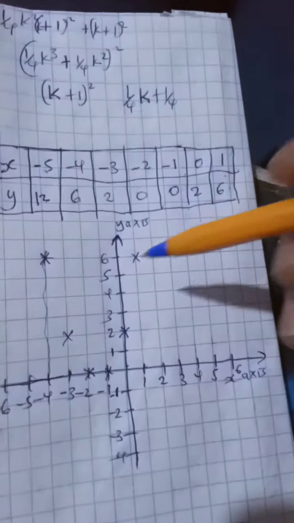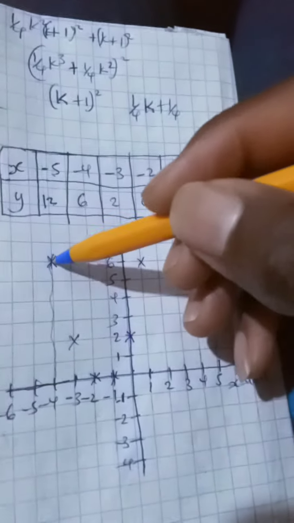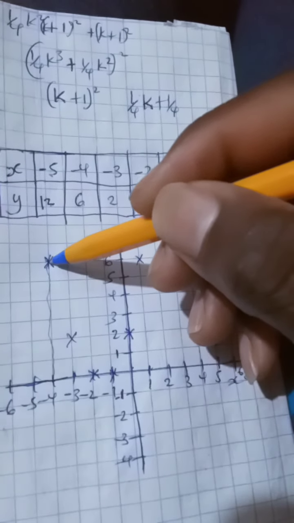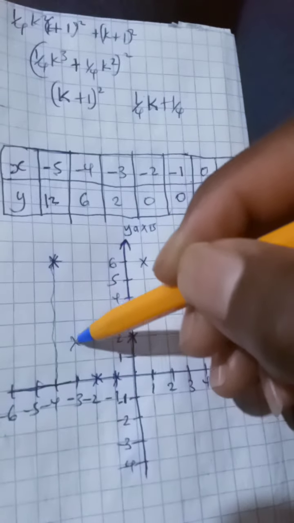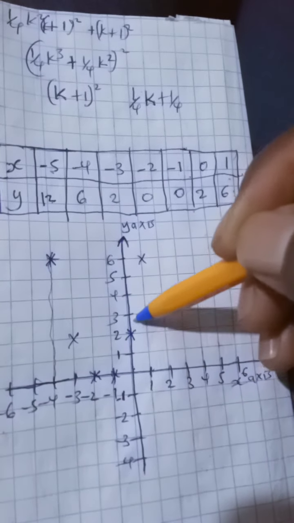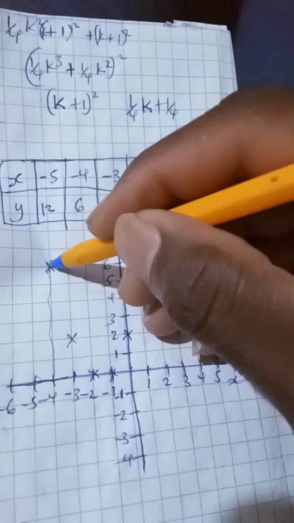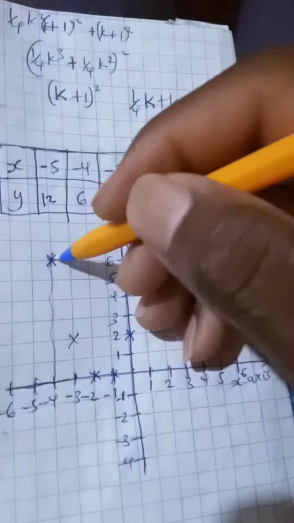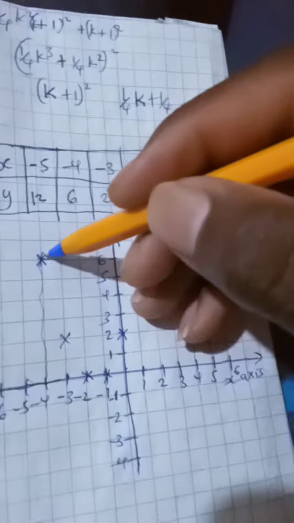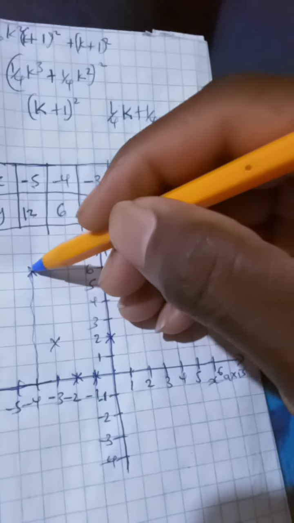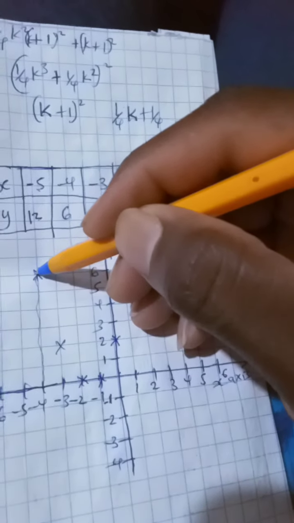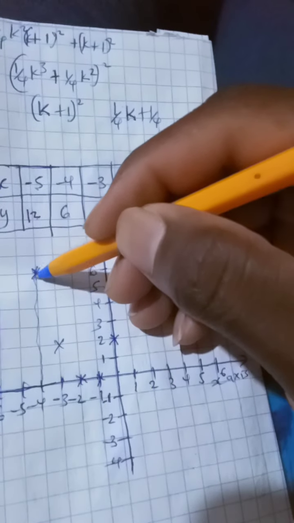So our graph, we need to join these dots with a line, whereby when you draw from this point to this point, you need to draw without removing your pen. So our curve will look like this, though I'm not perfect when it comes to drawing curves.